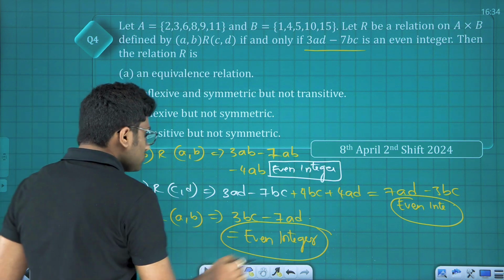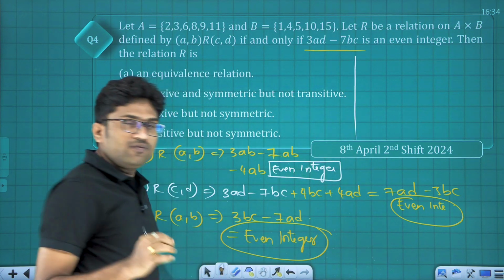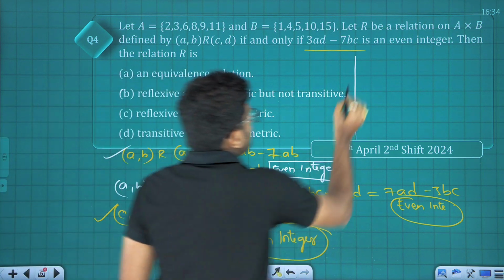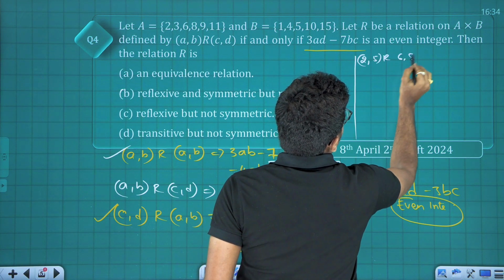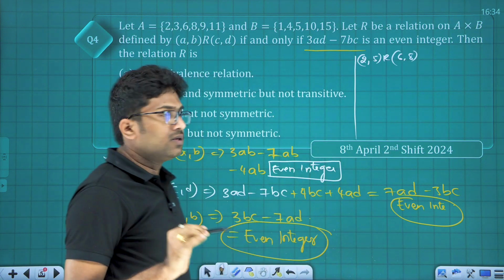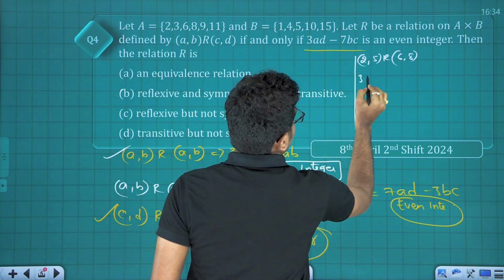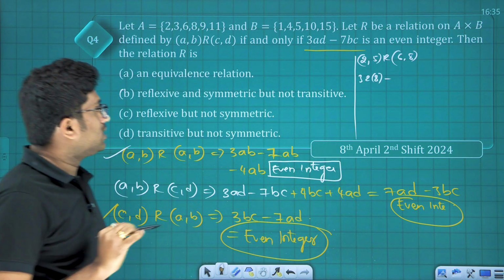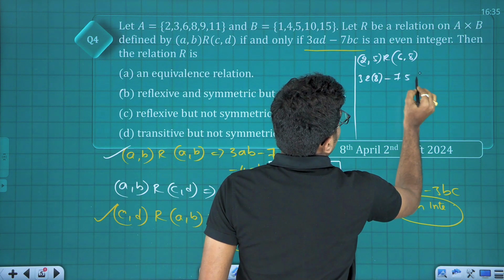For that, we can't go by definition, so we'll go by counterexample. So (2, 5) is related to (6, 8). We'll see. 3AD, that is 3 into 2 into 8, minus 7BC, 7 into 5 into 6.